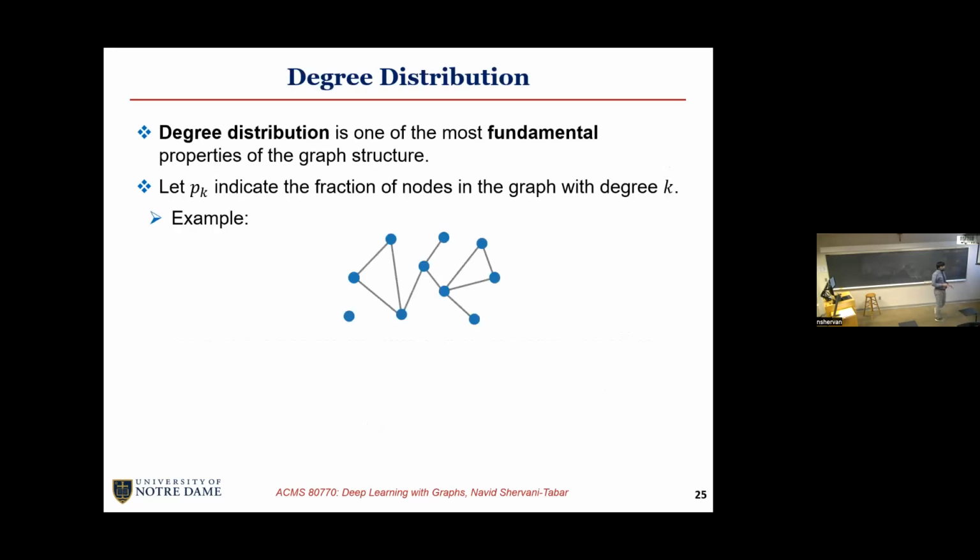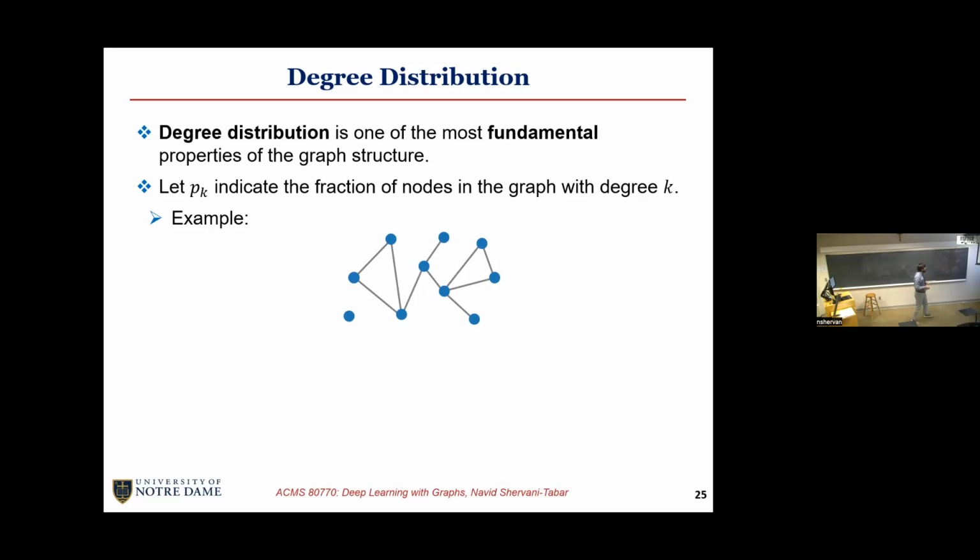Now, next is degree distribution we want to look at. Degree distribution is the most fundamental property that characterizes the structure of the graph. So let's say that we have this graph, and I want to indicate the fraction of the nodes with different degrees using pk.